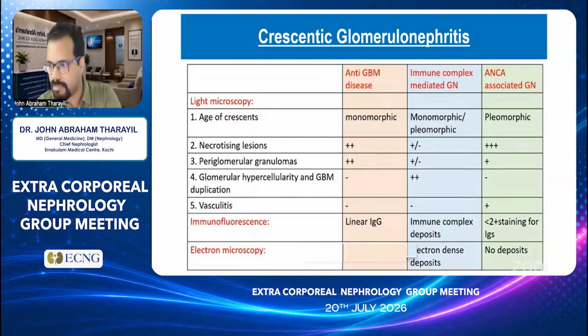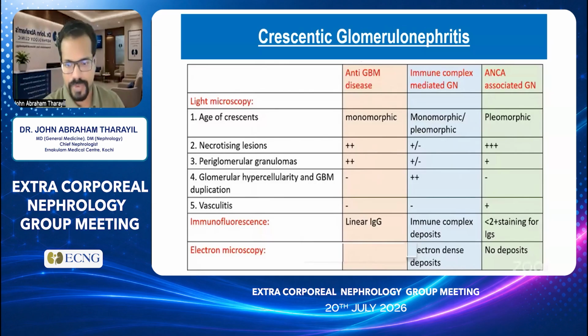Anti-GBM disease is a single hit disease, so you have monomorphic crescents, whereas in ANCA-associated vasculitis and immune complex-mediated glomerulonephritis, you can find pleomorphic crescents. Necrotizing lesions may be there in anti-GBM, but mostly in ANCA-associated glomerulonephritis.